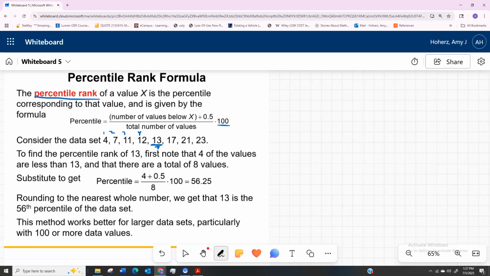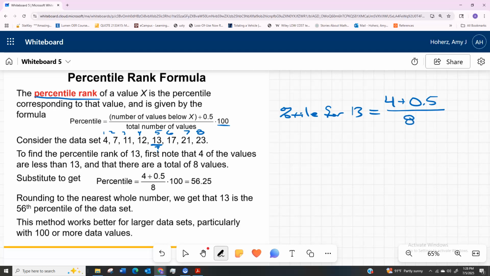So the percentile rank for 13 would be 4 plus 0.5 and then divide by the total number of values. So there was 4 and now we have 5, 6, 7, 8 total values. So out of the 8 total values, 4 of them are below 13, and then there are 8 total.